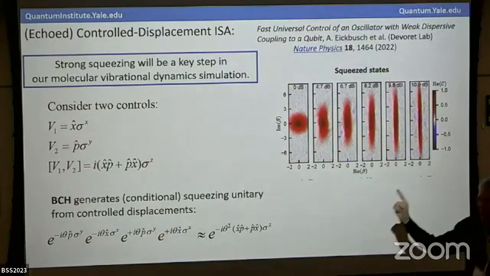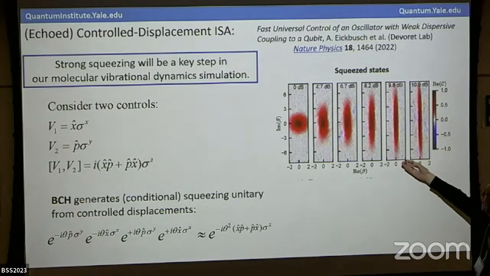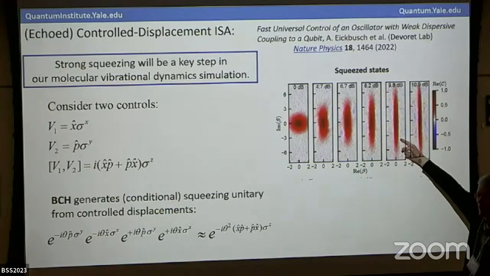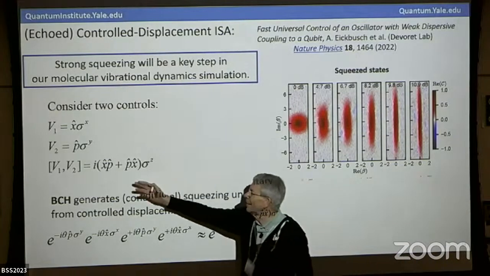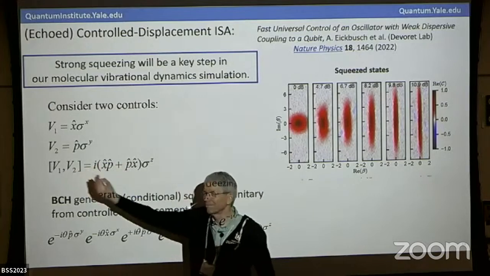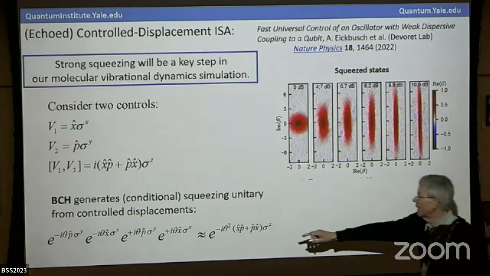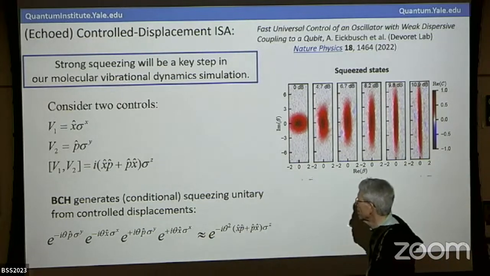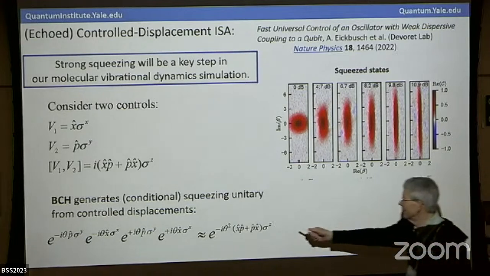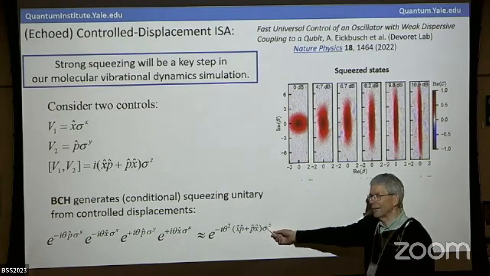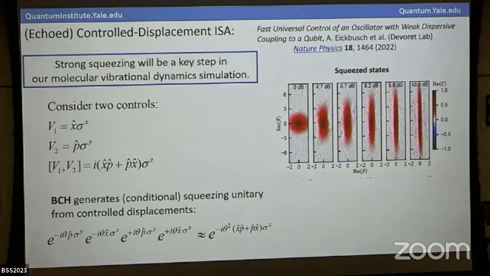So that's how a theorist would generate this. As I said, the experimentalists take big finite steps, but in this BCH expansion. And it's conditional squeezing, with squeezing or anti-squeezing depending on the state of the qubit, just for an extra twist.